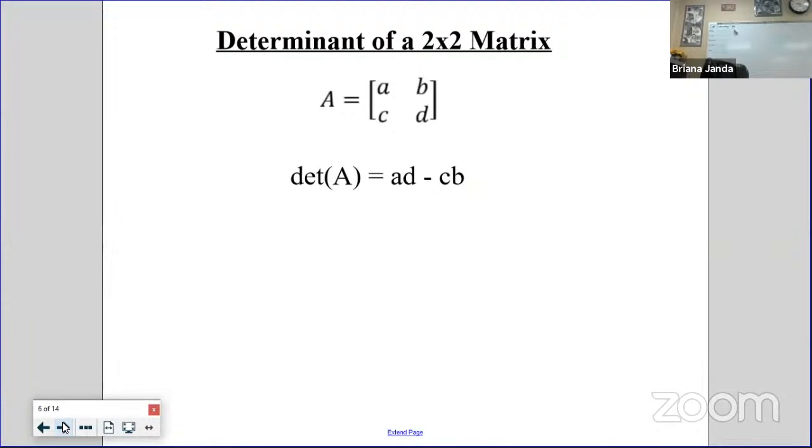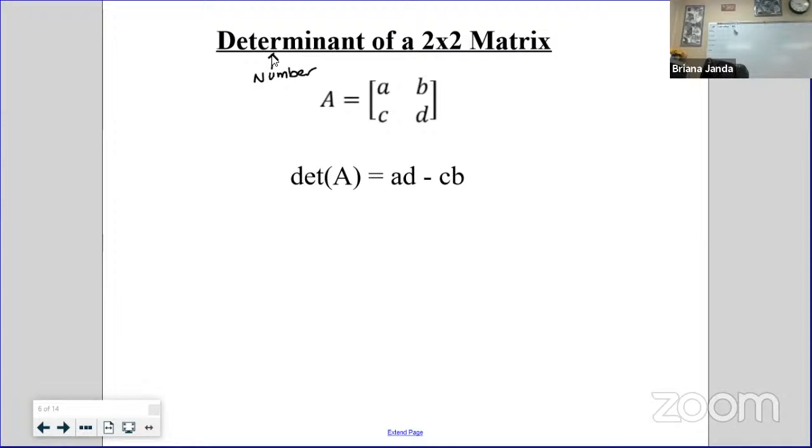Then there's also just finding an inverse. Well, to do that, we need this number called a determinant. A determinant is just a number that is a value from the elements of your matrix.